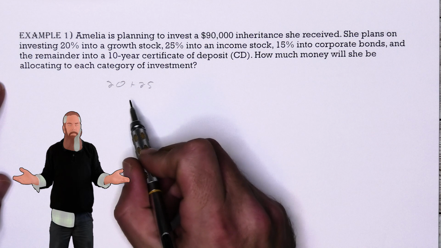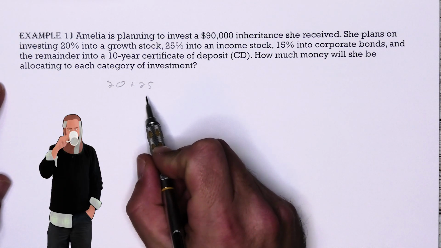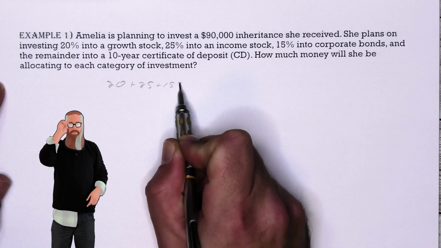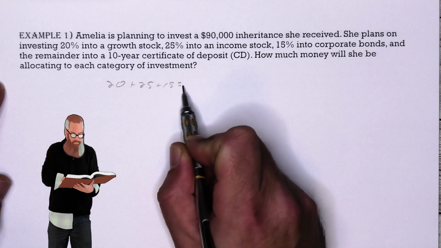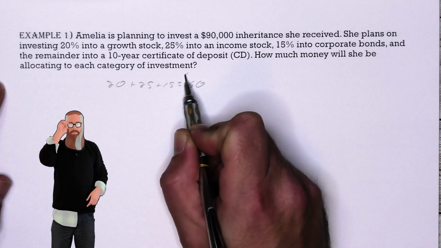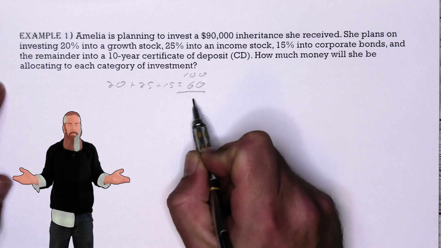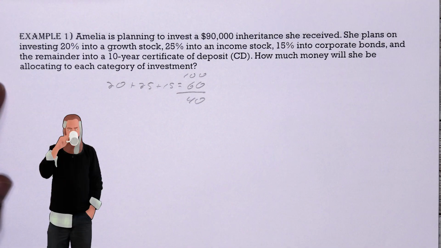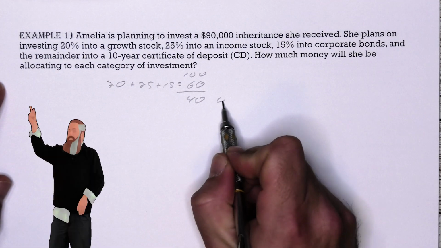We know she's going to be doing 20% into growth stocks, 25% into income stocks, and 15% into corporate bonds. That means she will be investing 60% of the money. From the 100%, that means 40% of the money is left. Amelia invests 40% of her money into CDs.